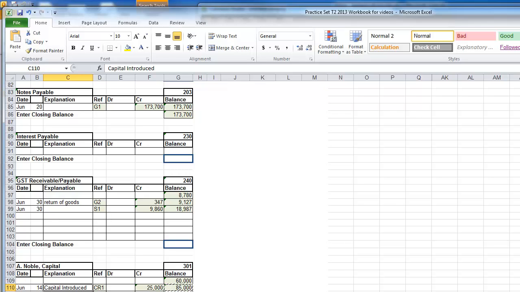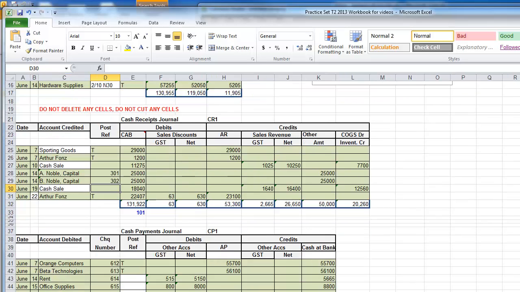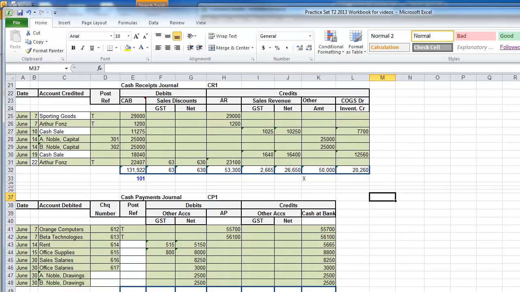So let's go back to the special journals. What we tend to put at the bottom of these columns is an X. The other columns to say these items are not posted because they're posted over there individually. Now we can see something similar would happen here. So let's add these columns up, equals.